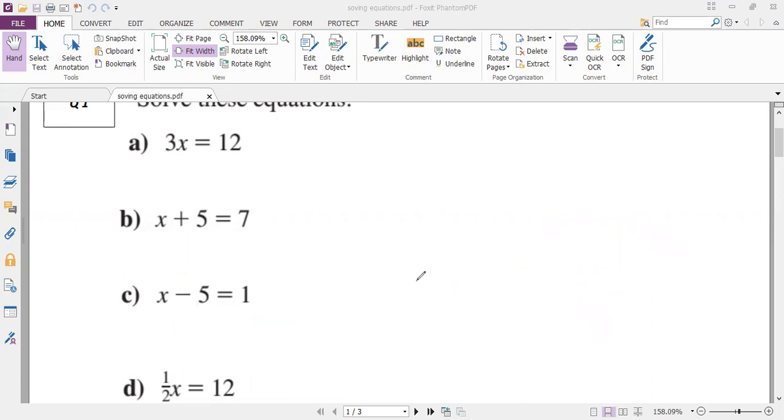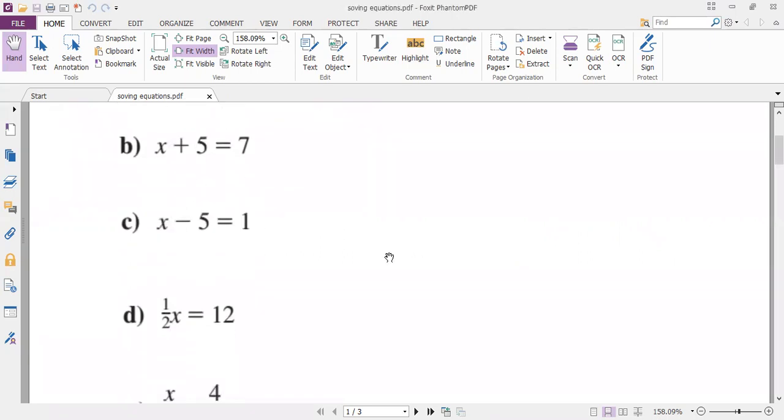What if I have half x equals 12? How can we get the variable x? I just want to get rid of half. So how can we get rid of this 2, which is written down? If we multiply both sides by 2, left-hand side and right-hand side, so 2 and 2 are going to be cancelled. 2 times half is 1.